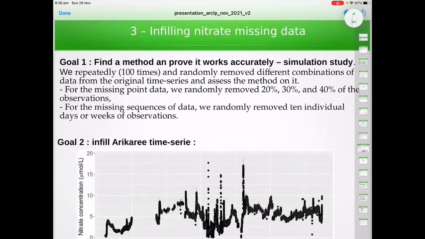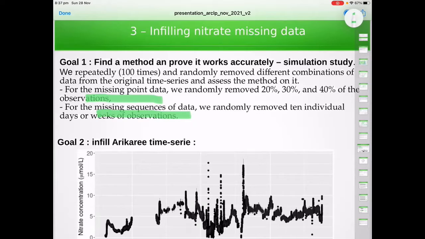The first is for missing point data, meaning that we randomly remove 20%, 30%, or 40% of the observations across all the time. The second is about missing sequences of data, where we randomly remove 10 data points in consecutive days or weeks of observation. So we remove sequences of data.